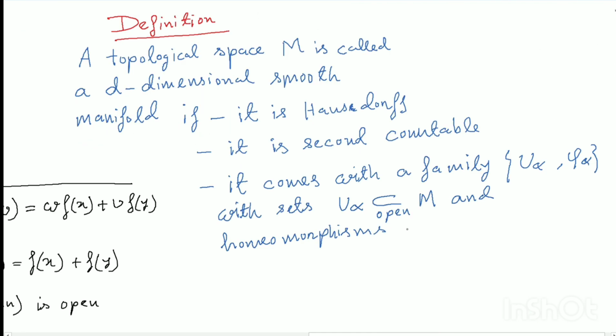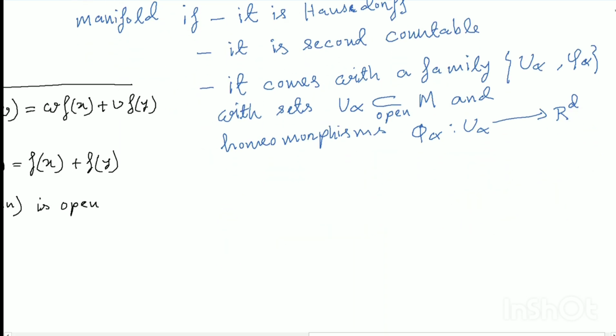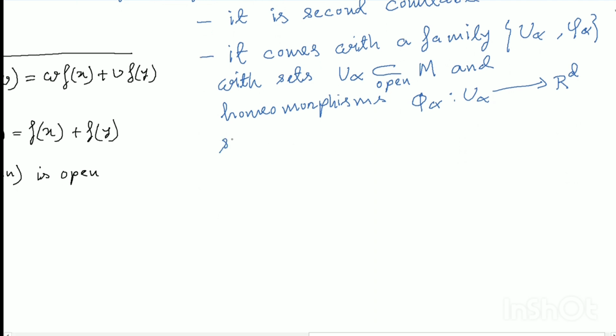A topological space M is called a d-dimensional smooth manifold if it is Hausdorff, it is second countable, and it comes with a family U alpha and psi alpha, with sets U alpha open in M and homeomorphisms psi alpha from U alpha to R to the power d, such that M is the union of the U alpha.